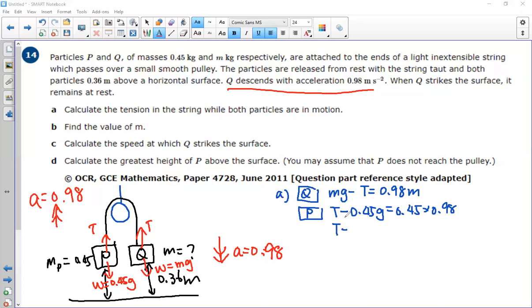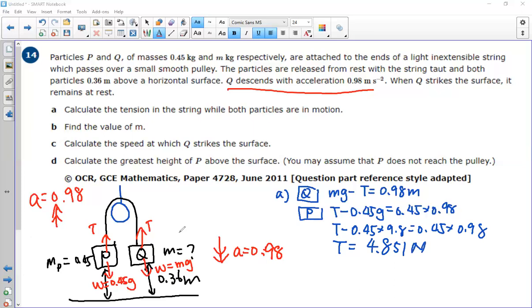So g here is 9.8, isn't it? Yeah. So with the calculator, work it out. I got my answer for T is 4.851 Newton.